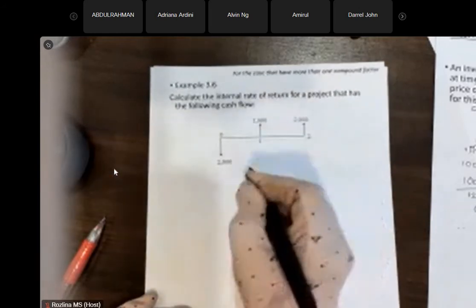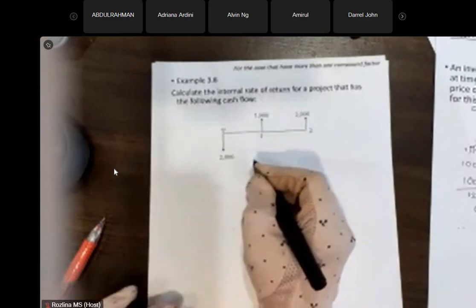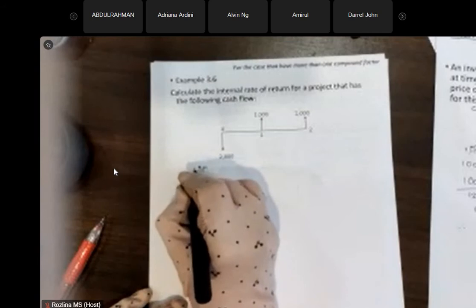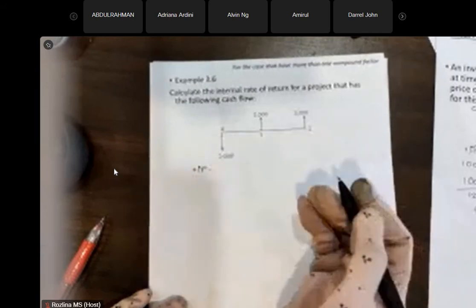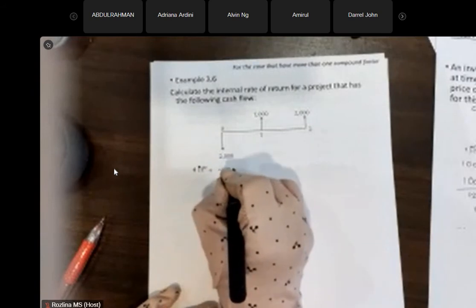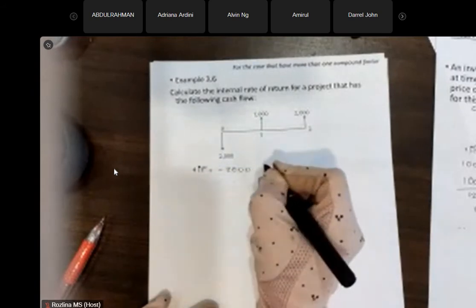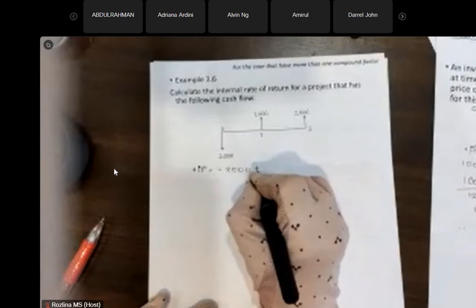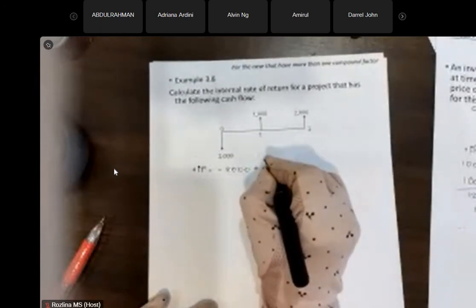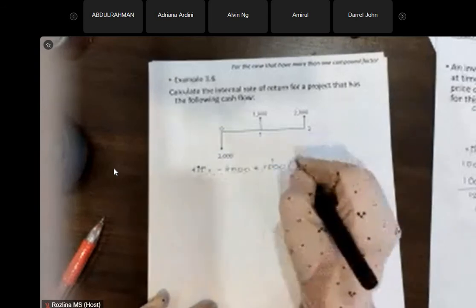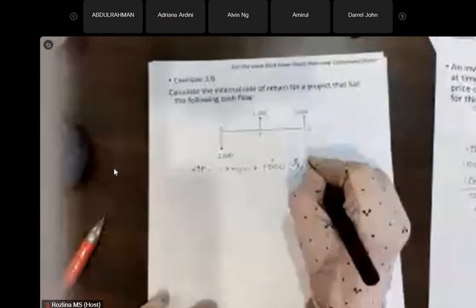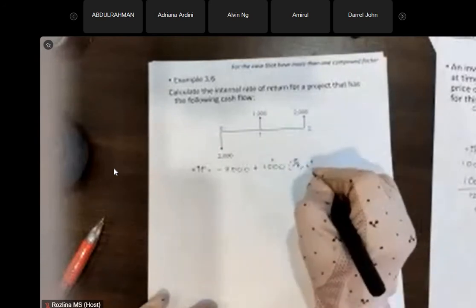Okay, in this case, normally step yang memang selalu kita buat ialah, okay, positive P, so ini negative 1,000 plus 1,000 ni apa? F kan? So P over F, I tak tahu, unknown, and it is 1 year.